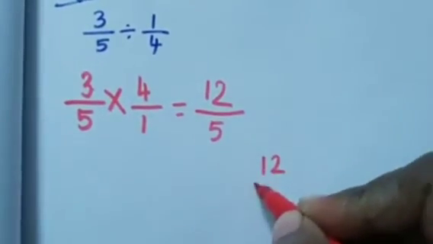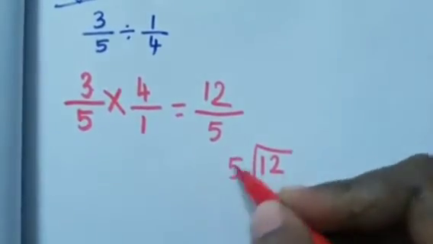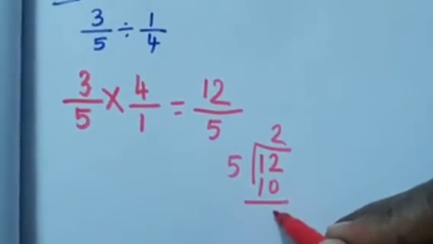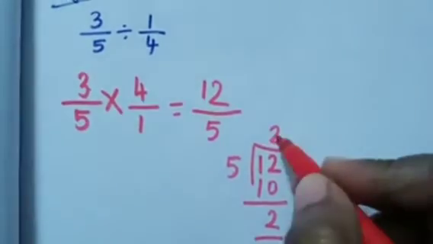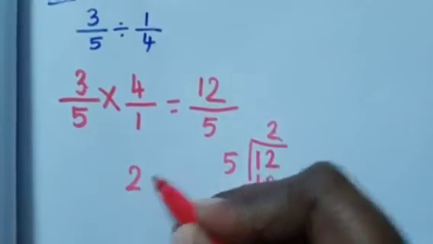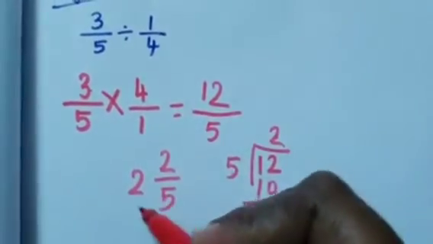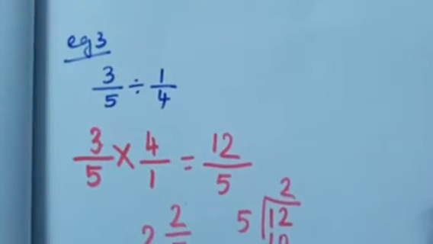Divide the numerator by the denominator. 5 2s are 10. The remainder is 2. So the quotient is 2 and the remainder is 2 by 5. So 2 2 by 5 is the answer for this division problem.